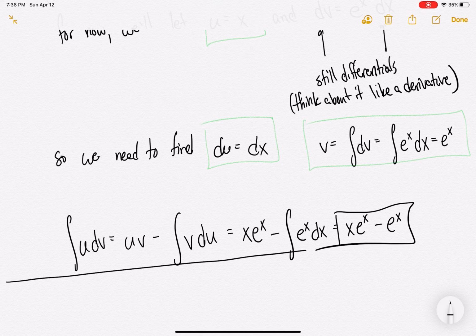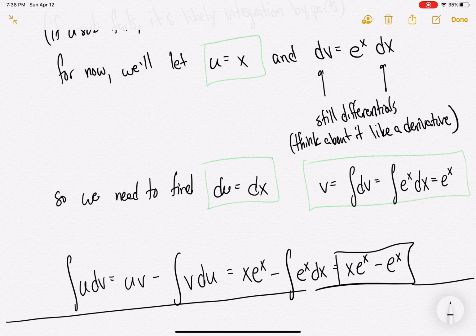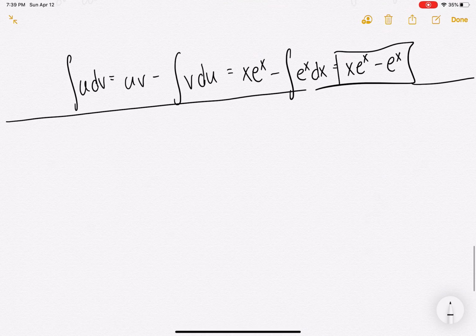So this is like the most basic integration by parts problem you'll probably see, and then it only gets harder from there. But this is a good one. It kind of gets the priority going. So I'll put the steps down.